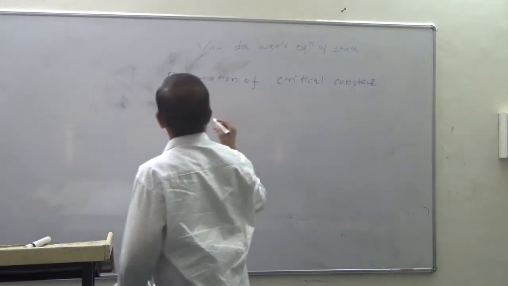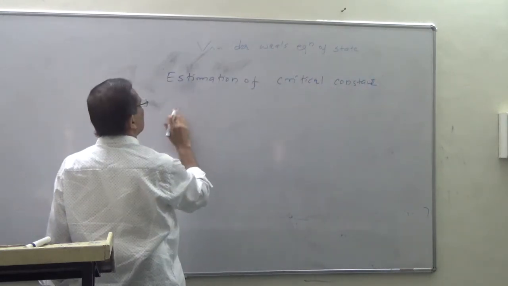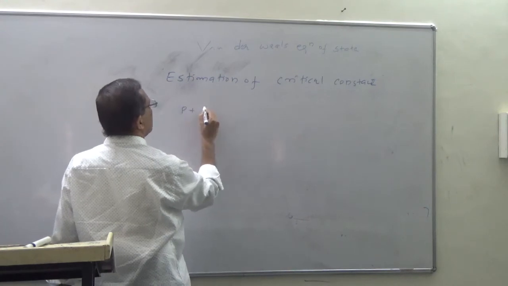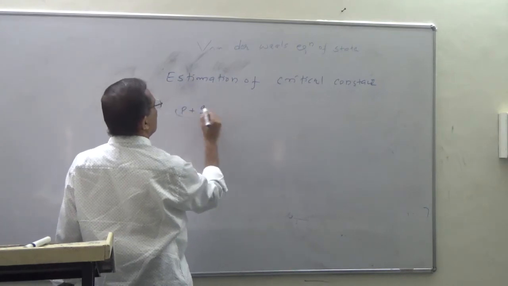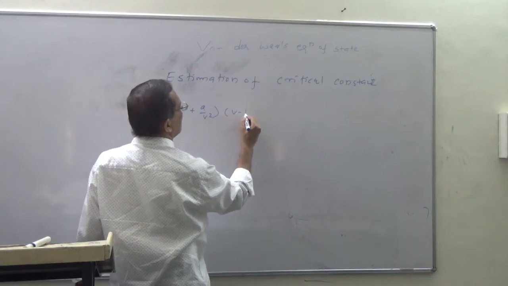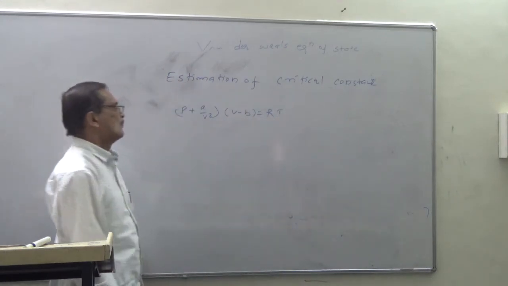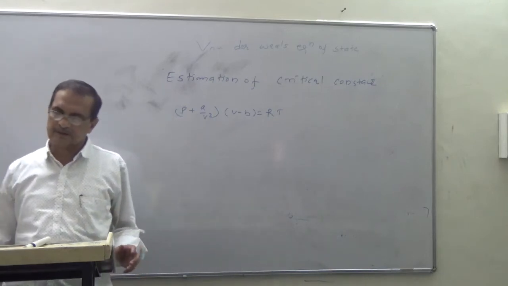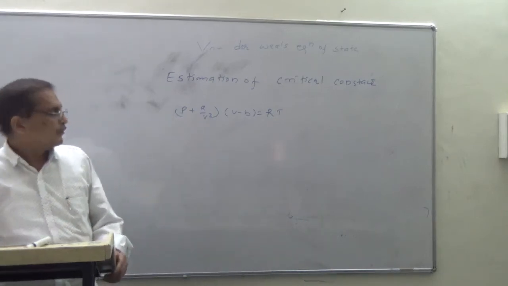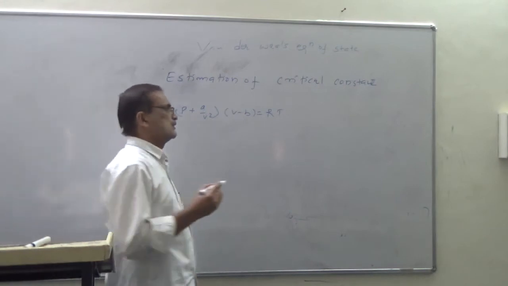We have the equation again; I will rewrite it: (P + a/V²)(V − b) = RT, where a and b are the van der Waals constants.